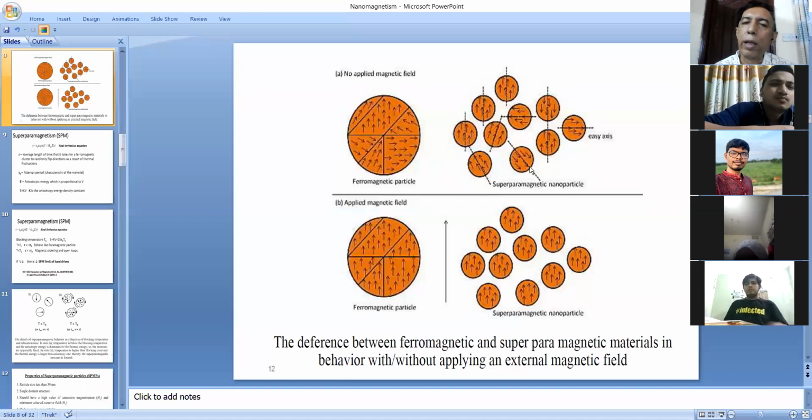It is in one direction, and there is an opposite direction magnetic moment. This is in this direction. You will get opposite direction magnetic moments also. Actually this direction of magnetic moment flips from this way to this way.